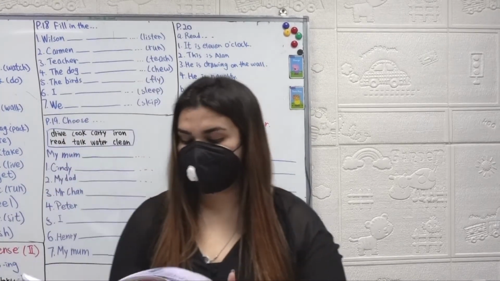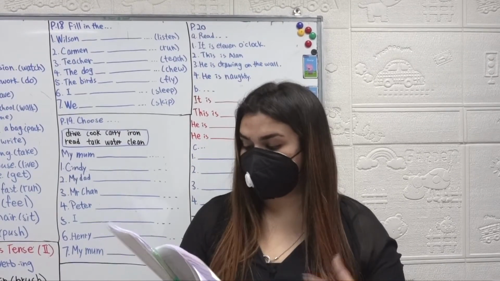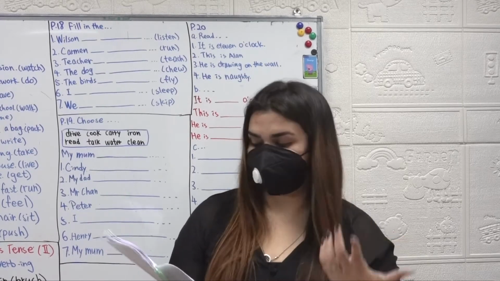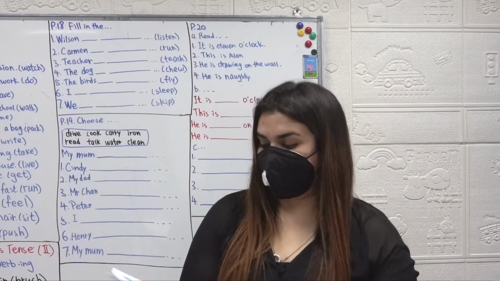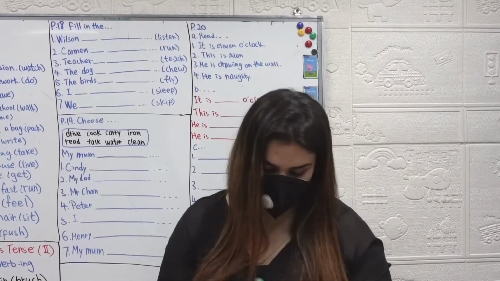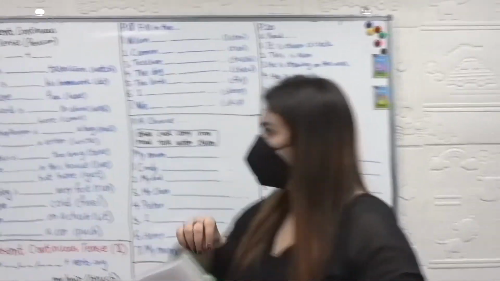Remember, when something is true and something that always happens, like a habit, and the one we learned last time is present continuous tense, right? Present continuous tense. So let's have a revision on that.